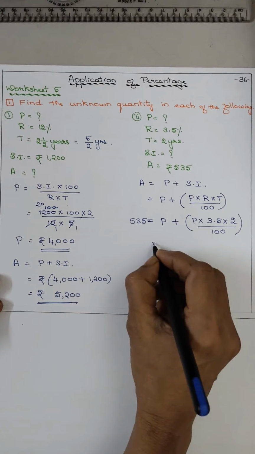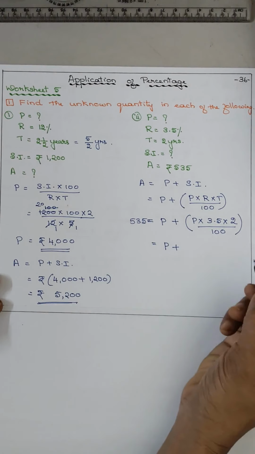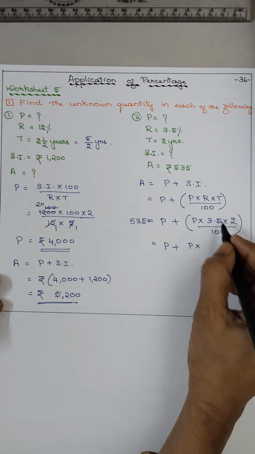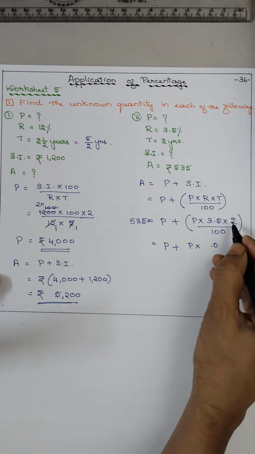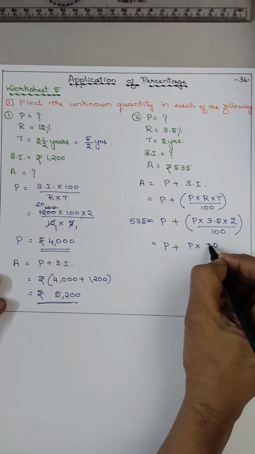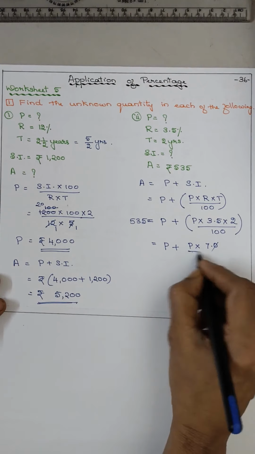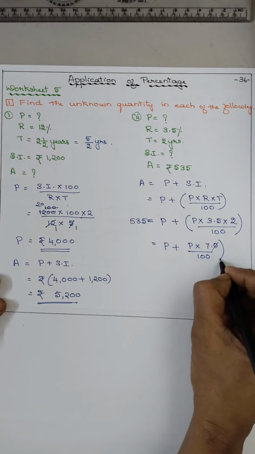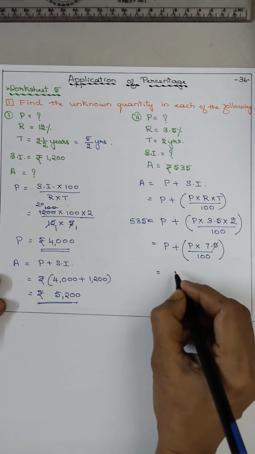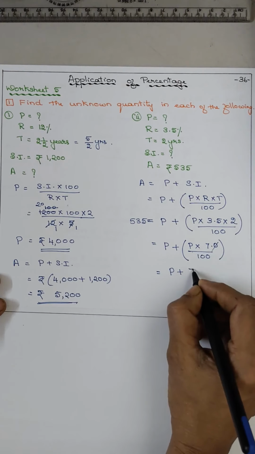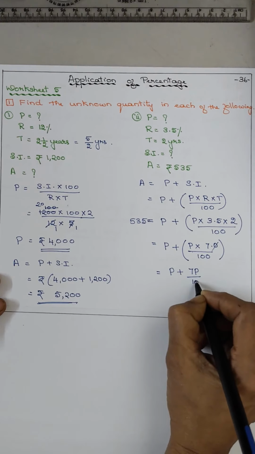Okay. Now P plus P into 2 5s are 10, 2 3s are 6 plus 1, 7, means it is 7 upon 100. So this one will be P plus 7 into P. It is 7P upon 100.